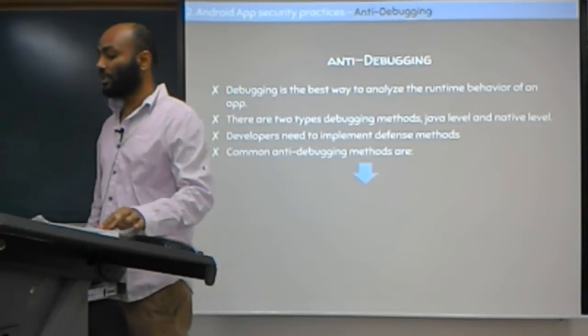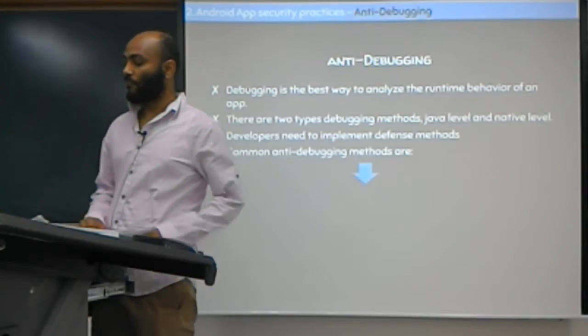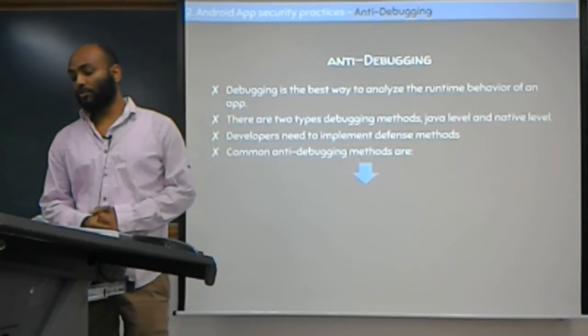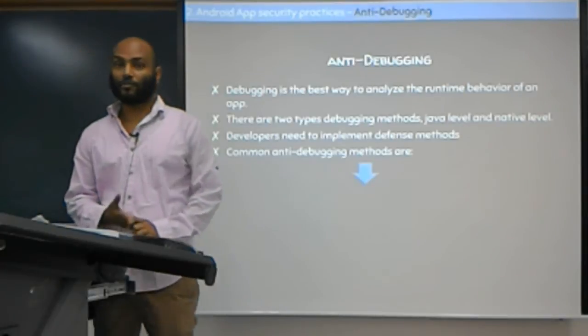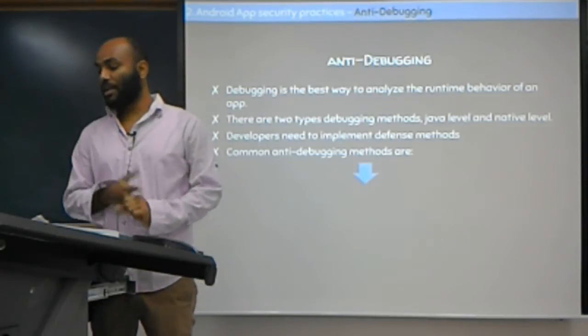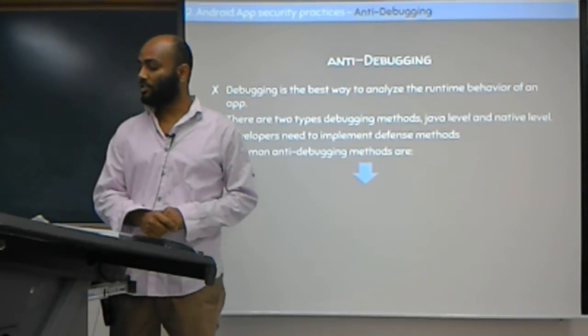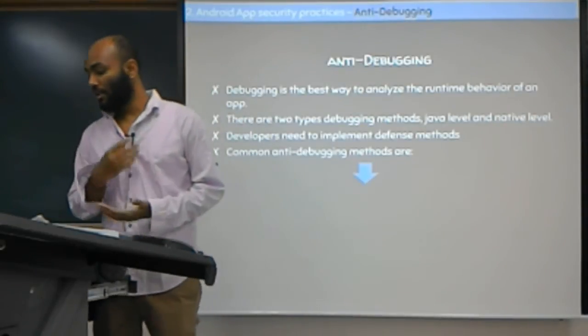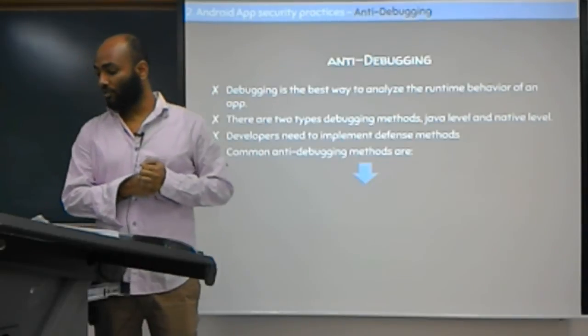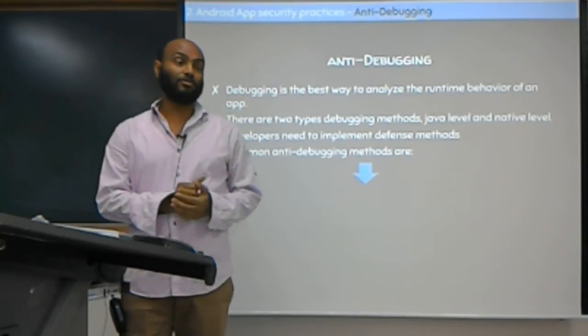And the third method is the anti-debugging method. Debugging is the best way to analyze the runtime behavior of an application. Debugging allows stepping through the code, analyzing and seeing the values of variables, and reading and modifying values and memory values and so on.